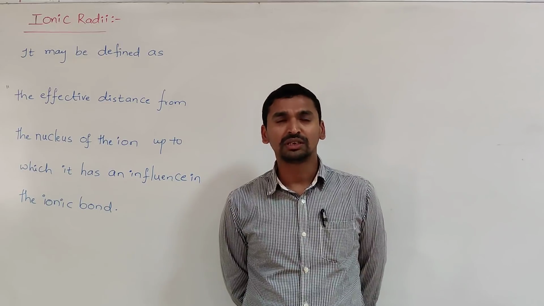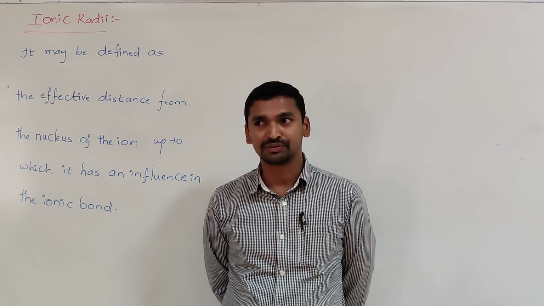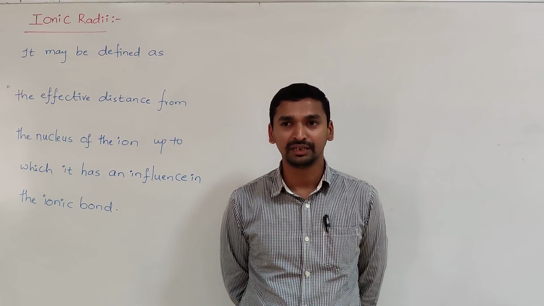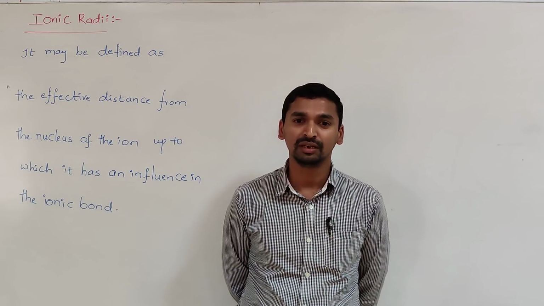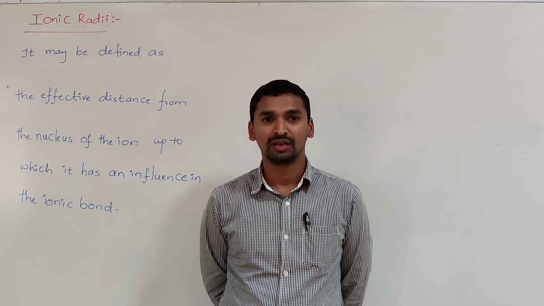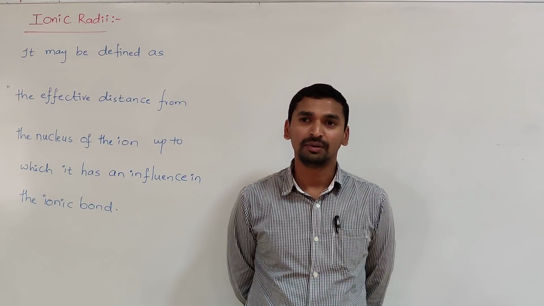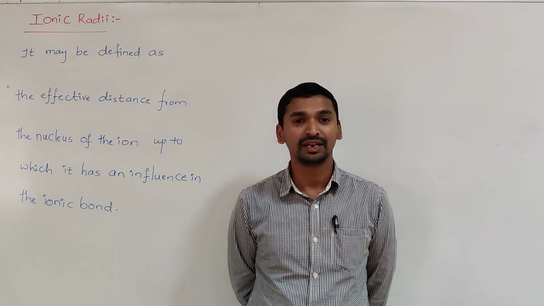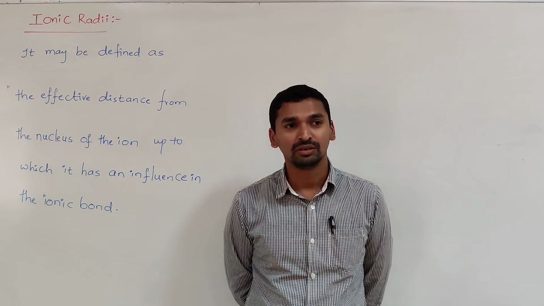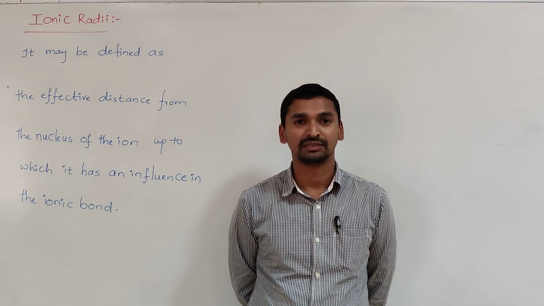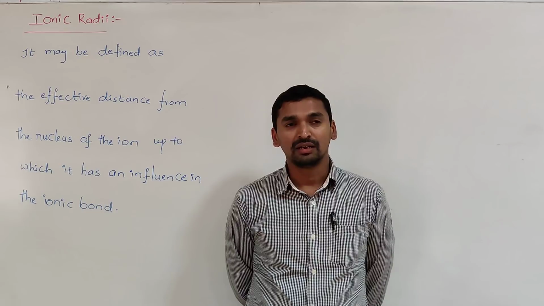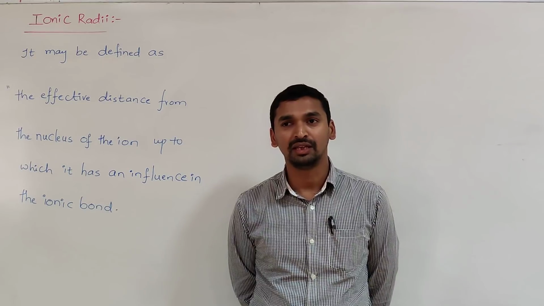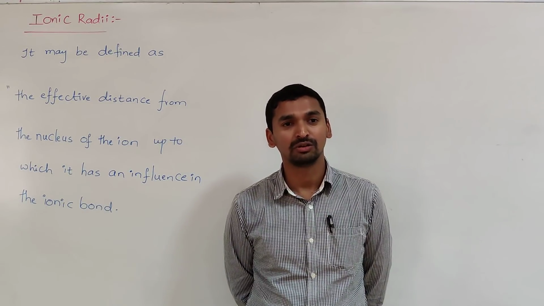Then, how does this atomic radii vary in periods and groups? As we move left to right, the atomic radii decreases due to increase in effective nuclear charge. Coming to the groups, as we move down the group, the atomic radii increases even though the nuclear charge increases, because the addition of a new principal shell dominates the effect of increasing nuclear charge.